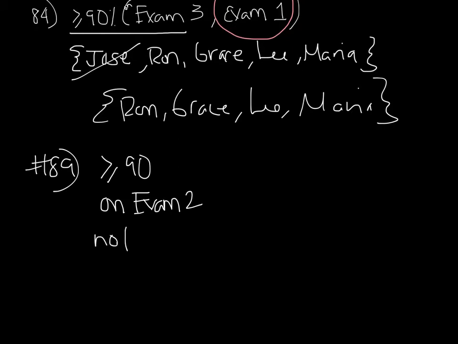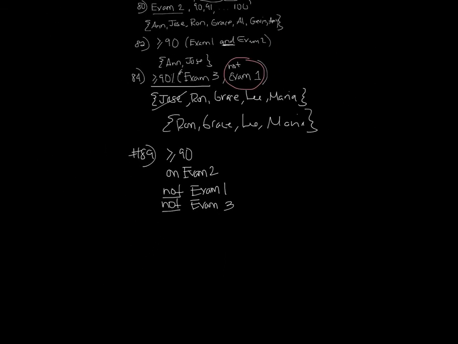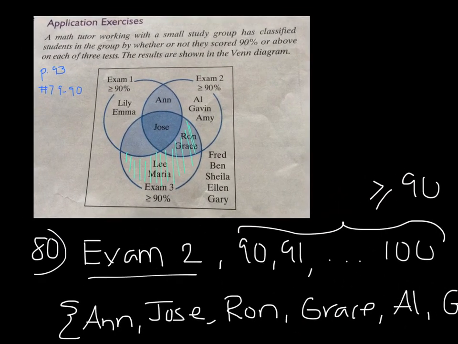So we want those students who got at least a 90 only on exam 2, because we want to exclude exam 1 and 3. So we're focusing on exam 2 and we don't want 1 and 3.